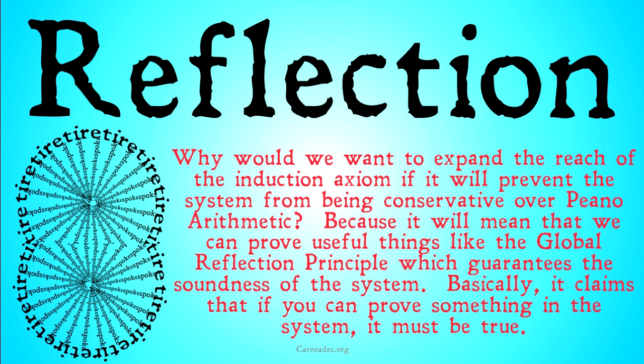Because it will mean that we can prove useful things like the global reflection principle. We're not going to go into the global reflection principle too much here, but basically it guarantees the soundness of the system. Basically, it claims that if you can prove something in the system, then that must be true.